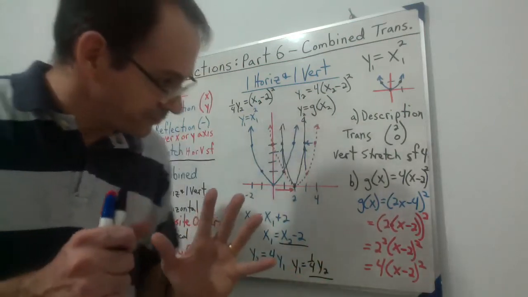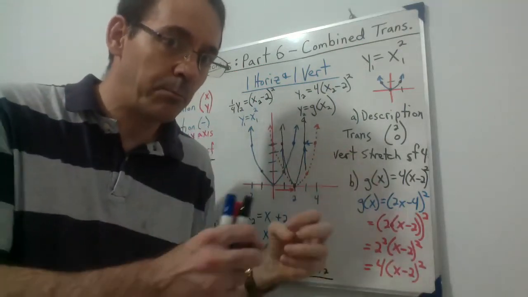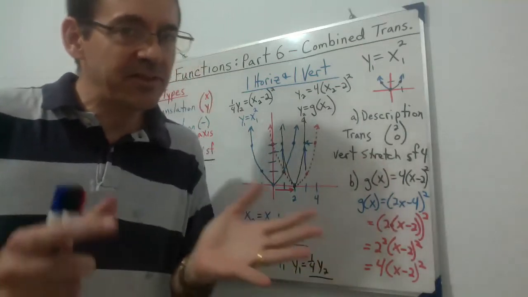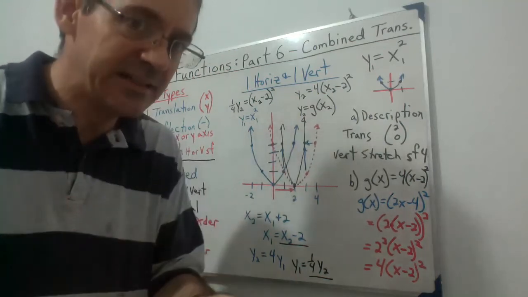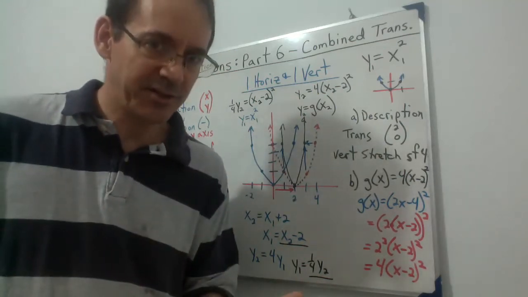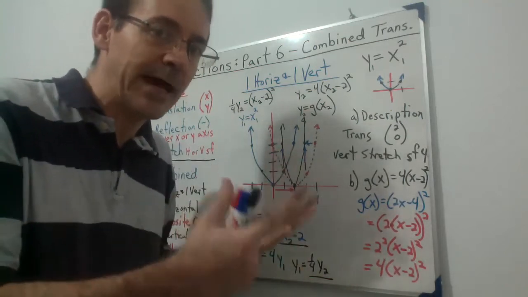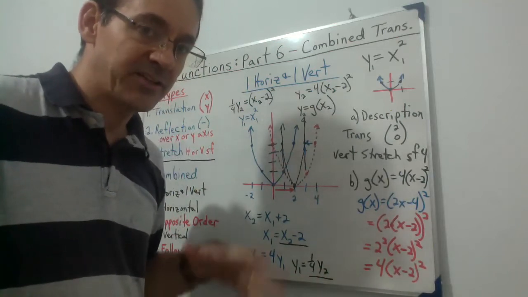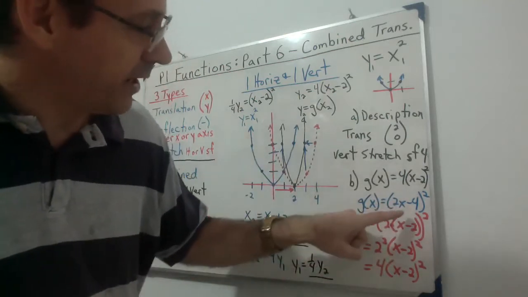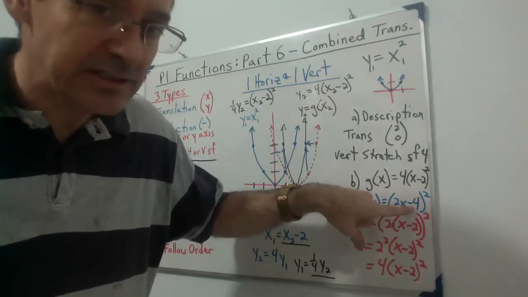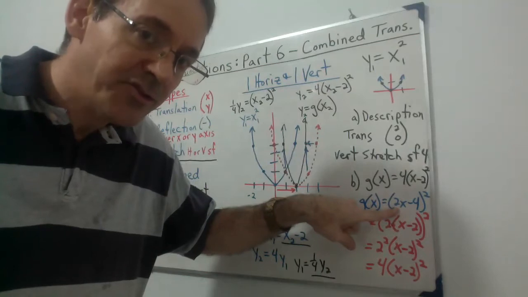So the downside is it might be confusing having multiple possible answers, but at the same time, it gives you flexibility that you don't always have to see it the same way someone else does. It gives you a little freedom that there is more than one way that you can look at these. There is a matter of perspective that's definitely involved here. So notice if you look at theirs, they obviously have a horizontal translation and they also have a horizontal stretch.